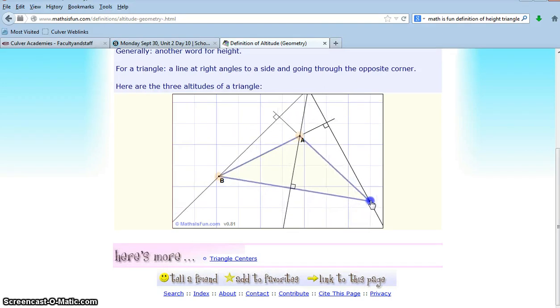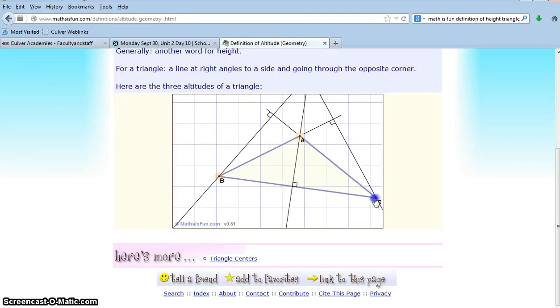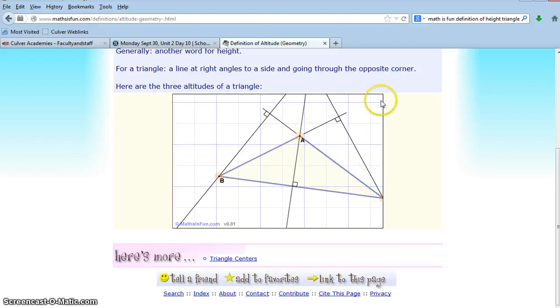But when it's obtuse, the altitude will land outside the triangle, which is why we include the words line that contains the side of the triangle in the definition for height of a triangle.